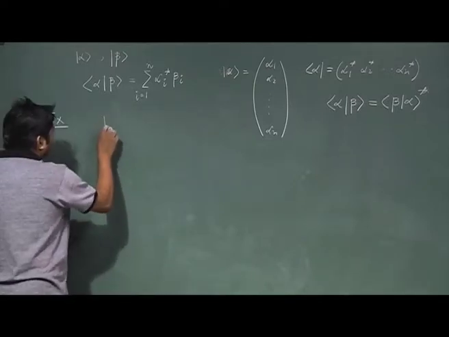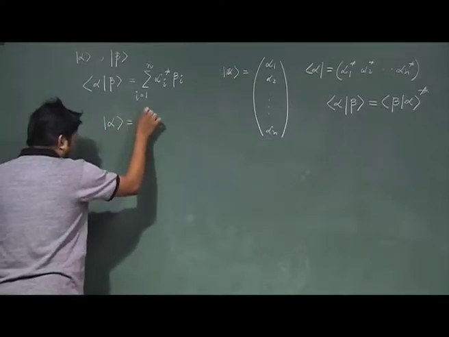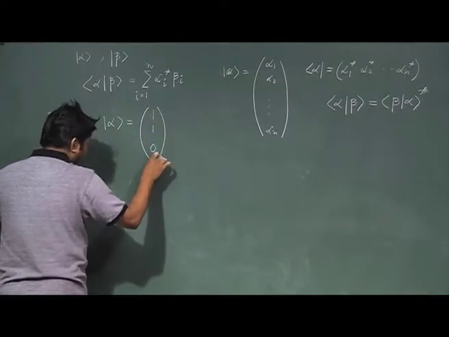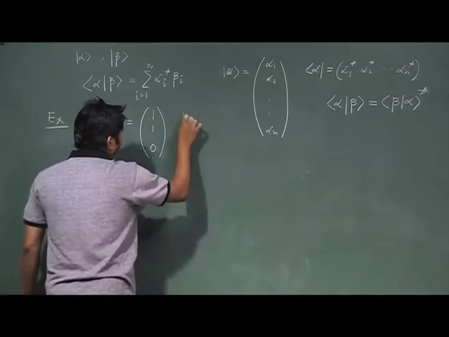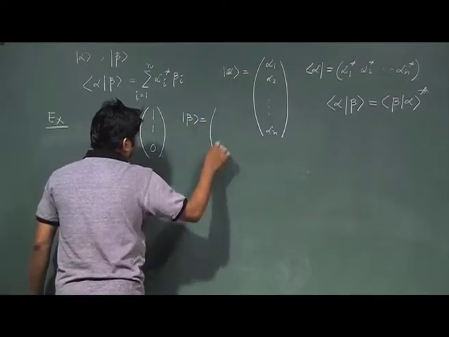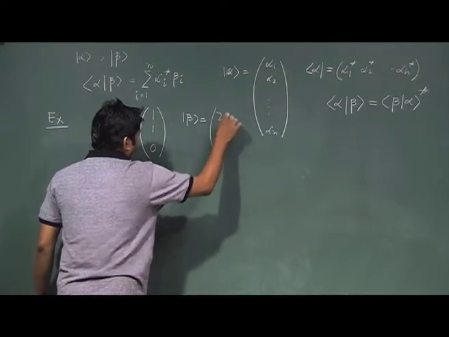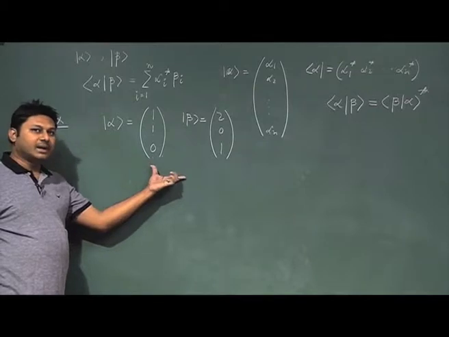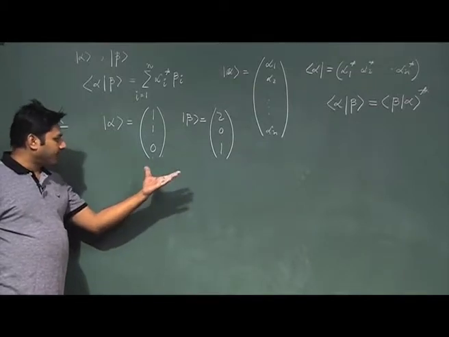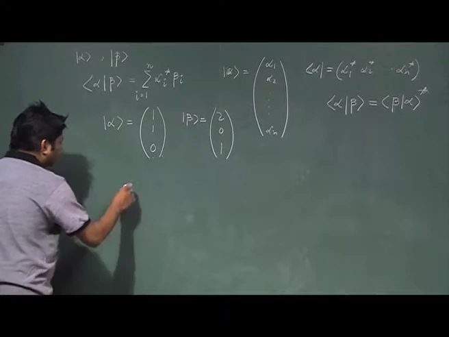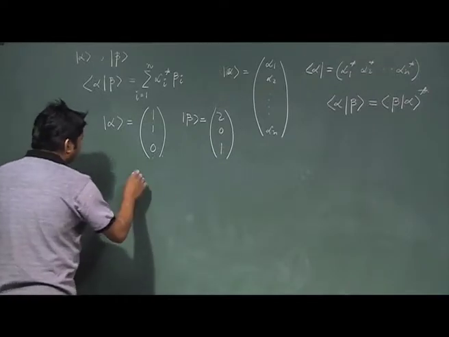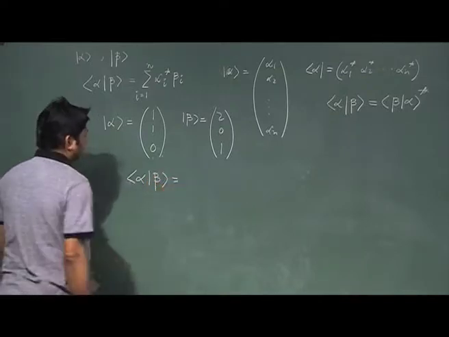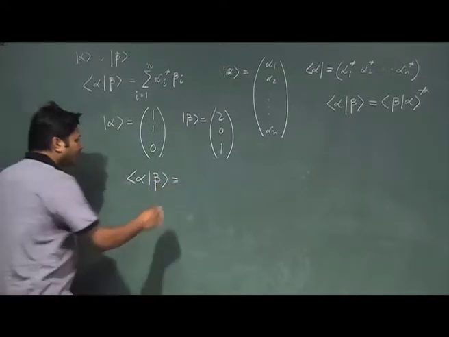So, now let us do some exercise. Alpha is 1 1 0 and beta is 2 0 1. If these are the two vectors and you are asked to make a scalar product or the inner product, then I will have <alpha|beta>.